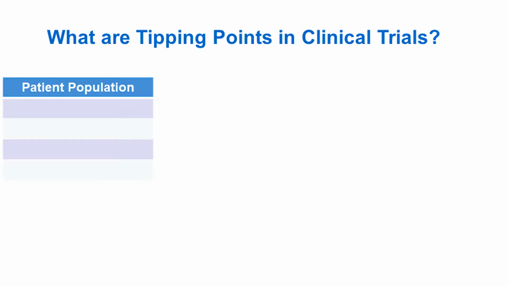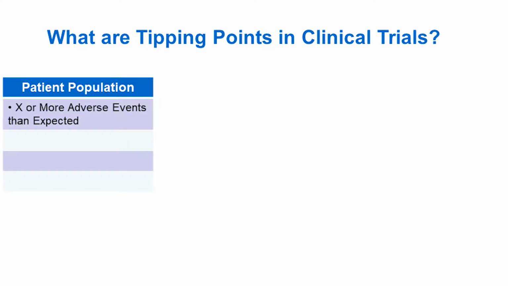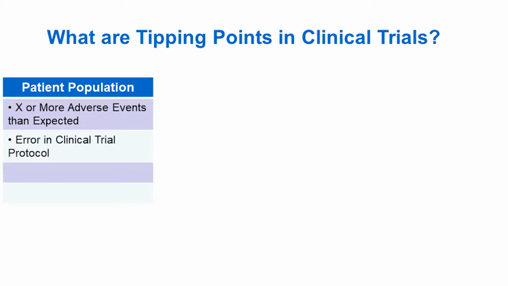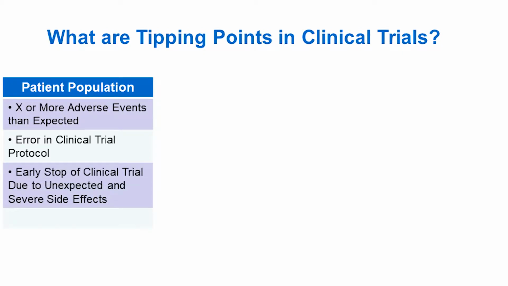For the patient population associated with a clinical trial, example tipping points of material consequences might include 5 or more adverse events than expected, an error in clinical trial protocol, or an early stop of a clinical trial due to unexpected and severe side effects.